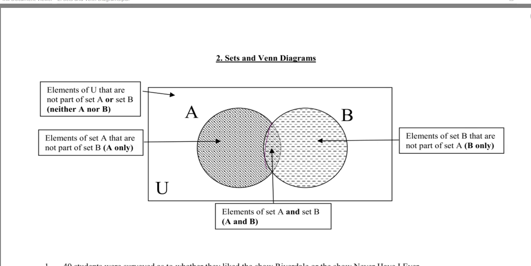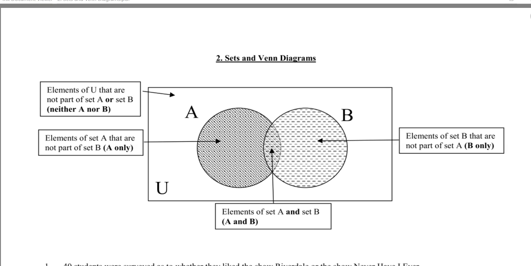We have the region that overlaps, which are elements of set A and set B. So we call that A and B. It belongs to both set A and set B. We have this area, which is the elements that are only in set A, not in A and B. So we call that A only, or only A. And then we've got this, which is only B, again excluding the region of intersection.